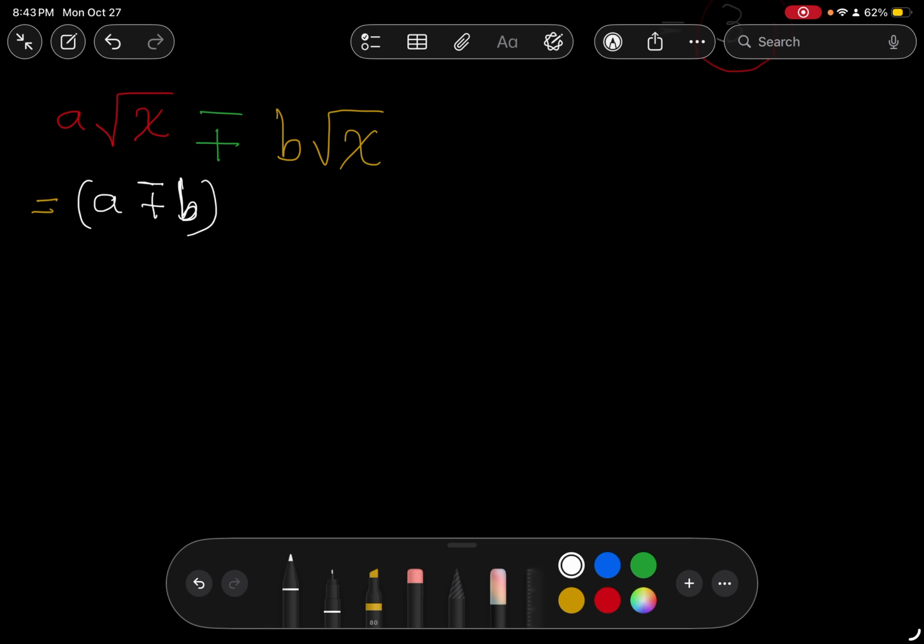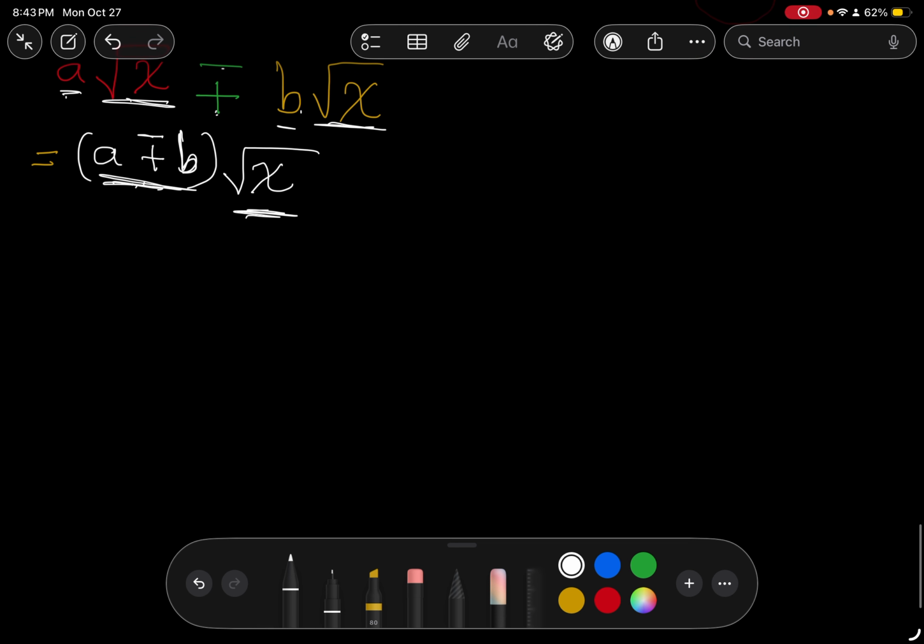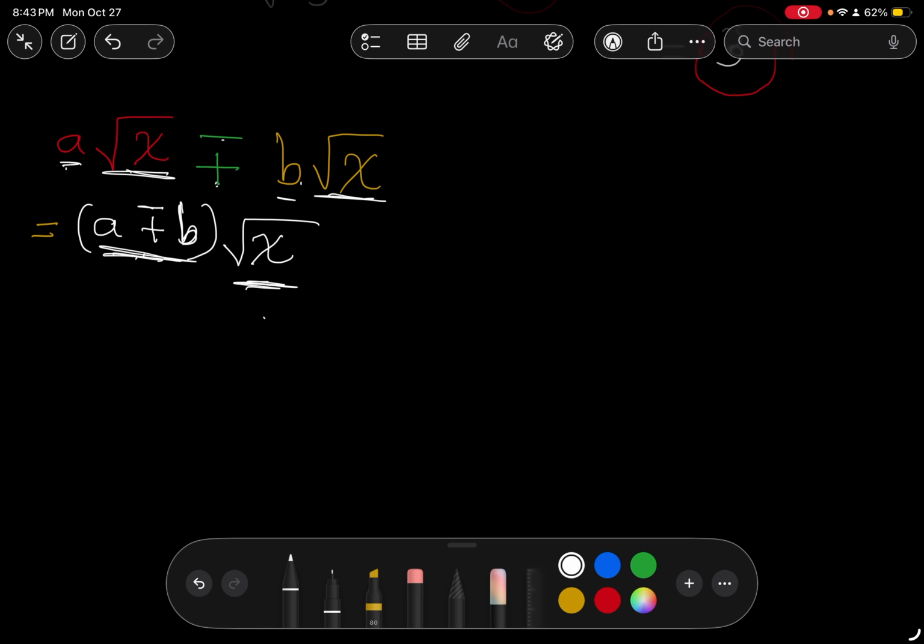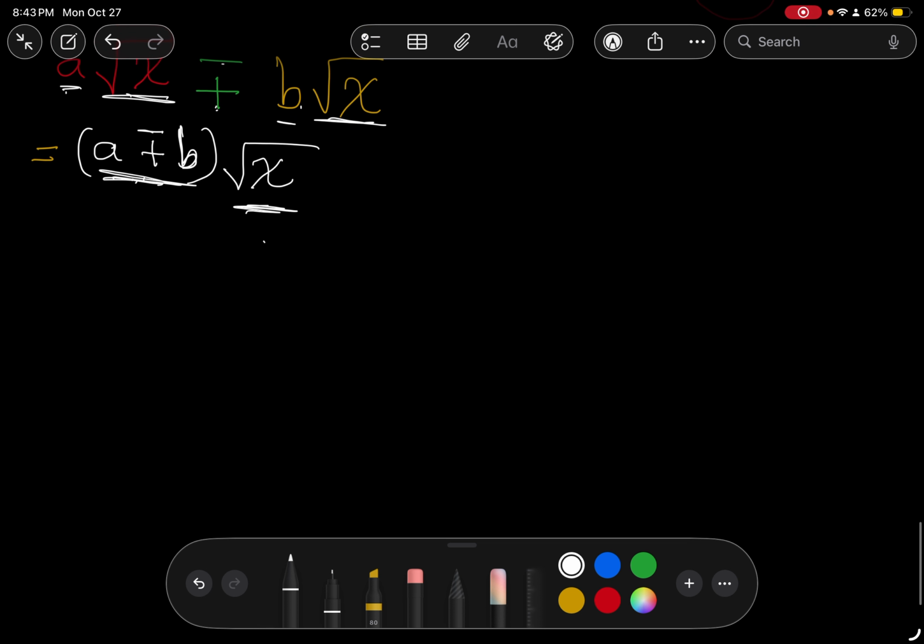We took a common factor between the coefficients, and we took a plus or minus b, the coefficient, and we took radical x as a common factor, because it is a common factor between two terms.